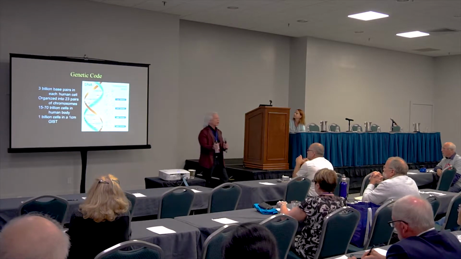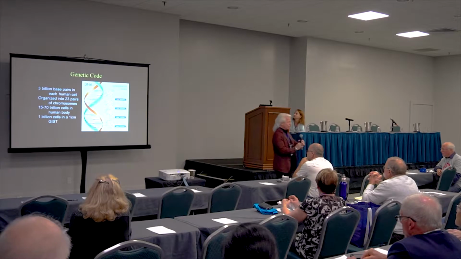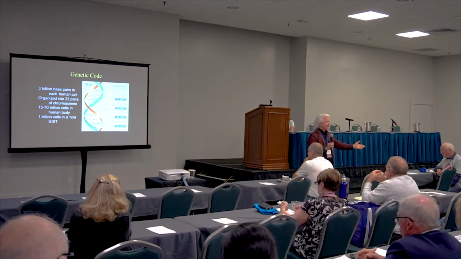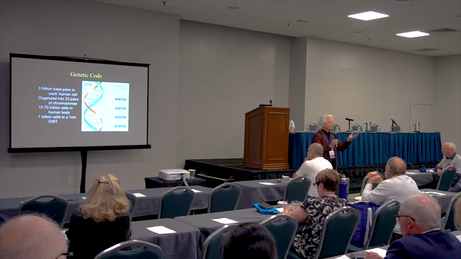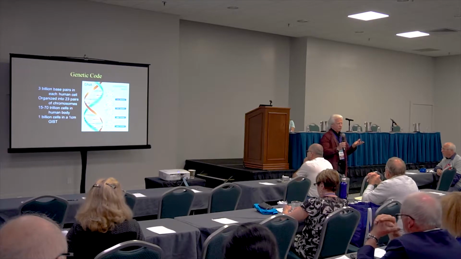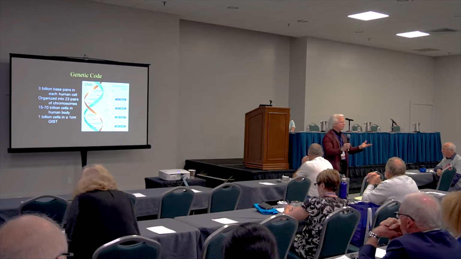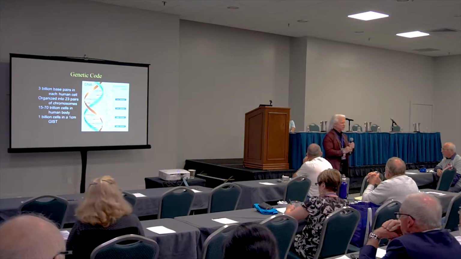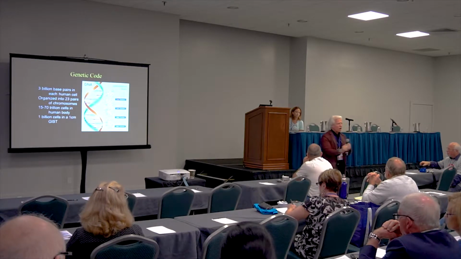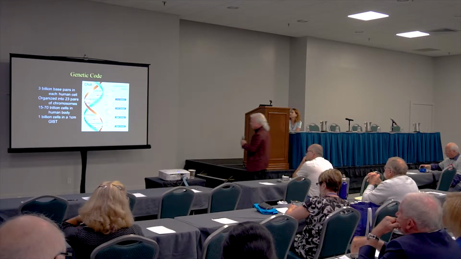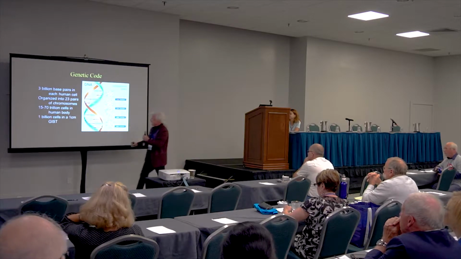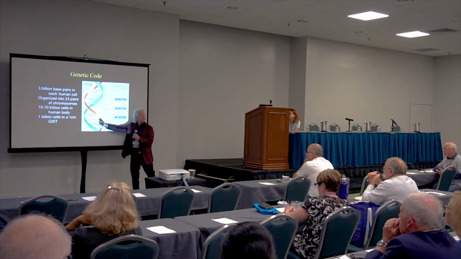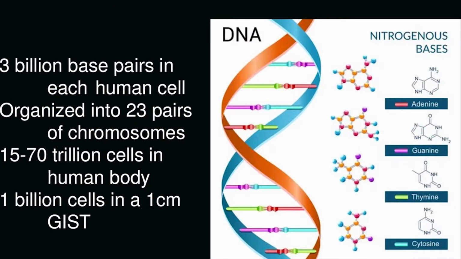When we talk about DNA, remember, we all have DNA, and DNA is like the brain for our cells. It is the blueprint for everything the cell does. And the cell always follows the blueprint. And the DNA is composed of molecules.